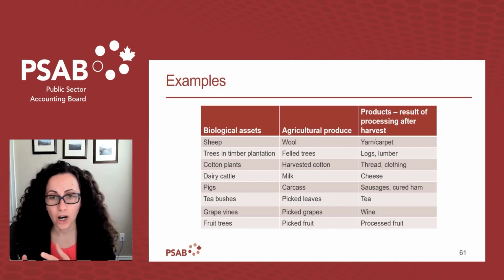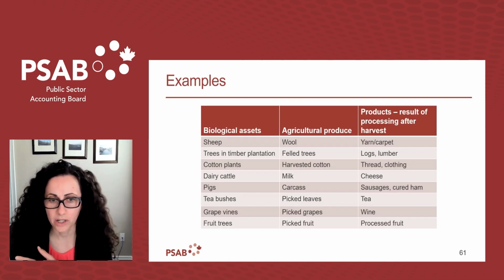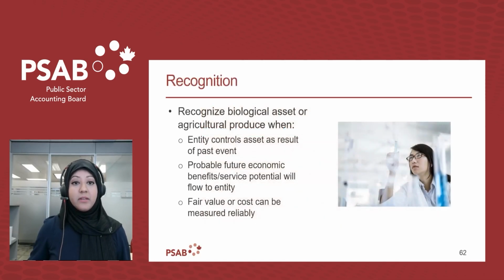But the third column that you see on this slide, the results of processing after harvest, are not in scope. Is that correct? You are absolutely right. After the point of harvest, IPSAS 12 or another applicable standard is applied. The same general recognition principles for all other assets also apply in this case.